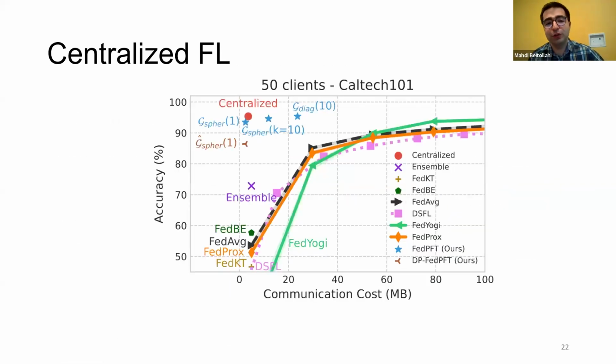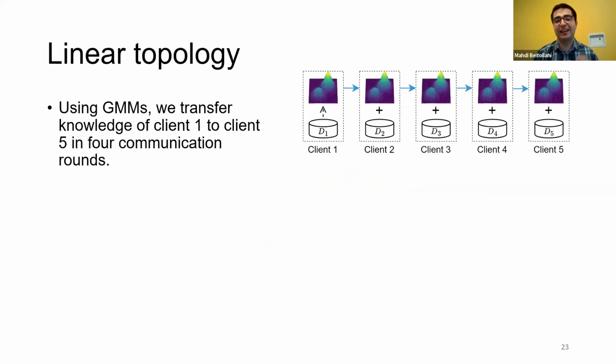We tested multiple scenarios. I just showed the linear topology here because I thought that was the coolest one. The other ones we did were based on two clients, peer-to-peer connections. Let's say we have user A and user B, and user A can only transmit once to user B. In there we tried different types of heterogeneity in terms of label shift, covariance shift, and path shift.